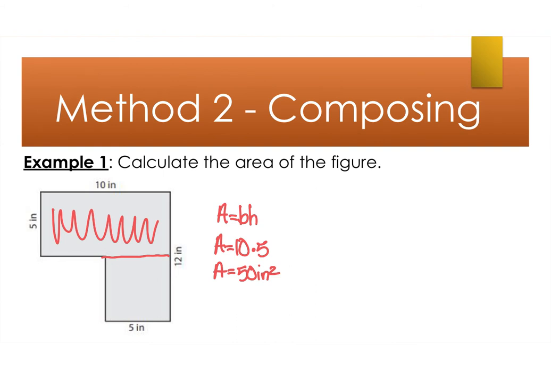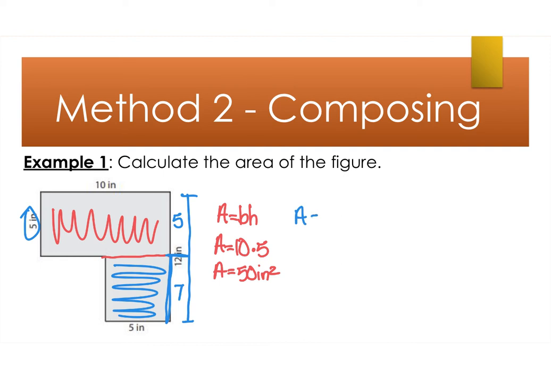Then I will find the area of the second shape I have, and I have to figure out how big this area is. So the whole area is 12. The small portion up here is 5. So that means this one has to be 7.